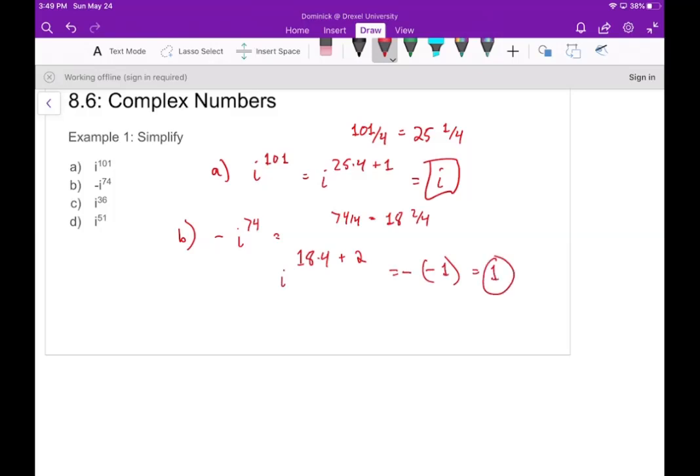Okay? Part C, we have i to the 36. And of course, if you take 36 and divide it by 4, you get 9 right away. So this is equal to i to the 9 times 4. It's a multiple of 4, so it's just 1.